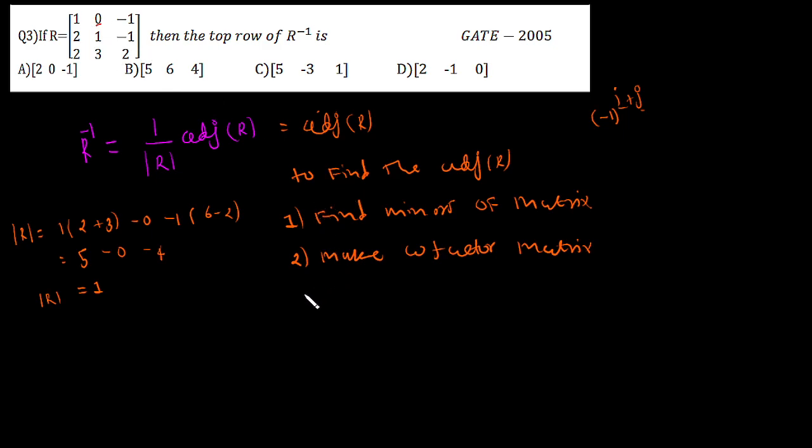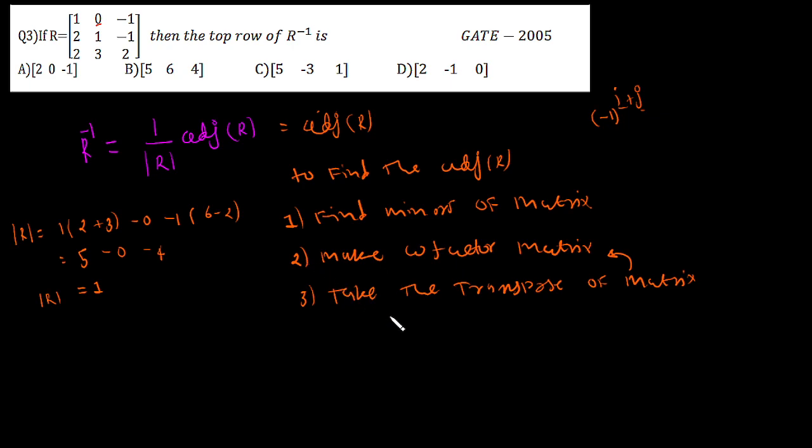So now the third step is to take the transpose of the matrix which I got from the second step. In other words, I have to take the transpose of this cofactor matrix.